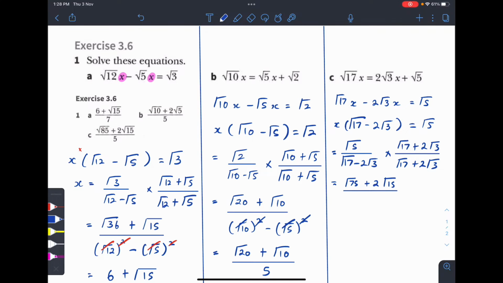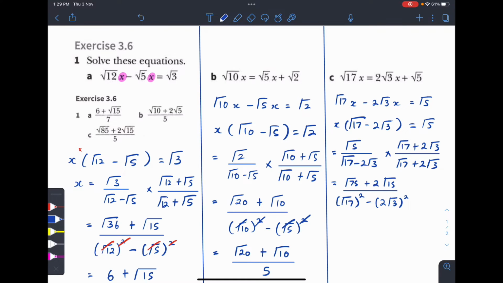You have to multiply it in slowly, or if you want, you can use the shortcut which I've taught you. It works the same way here. So we've got root 17 inside here with a square, minus 2 root 3 with a square as well.